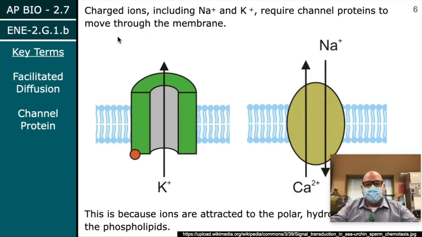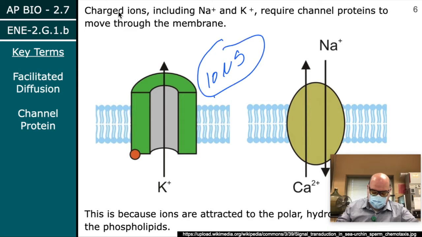So one of the things we need to pay attention to here are their ions cannot get through here. So no ions go through here. Ions must go through channel or transport proteins, okay?